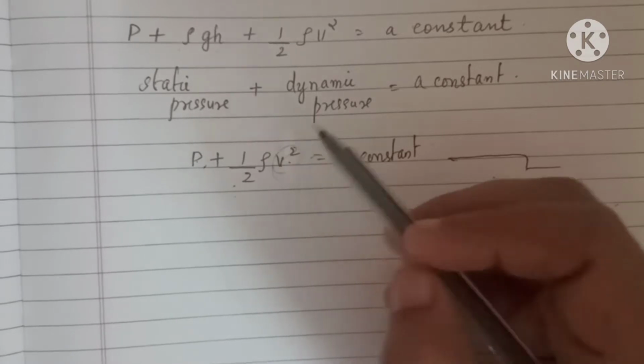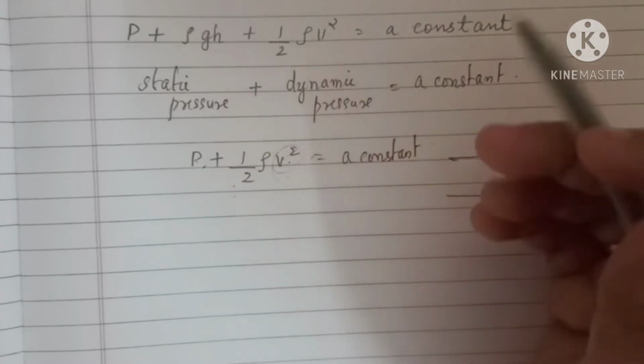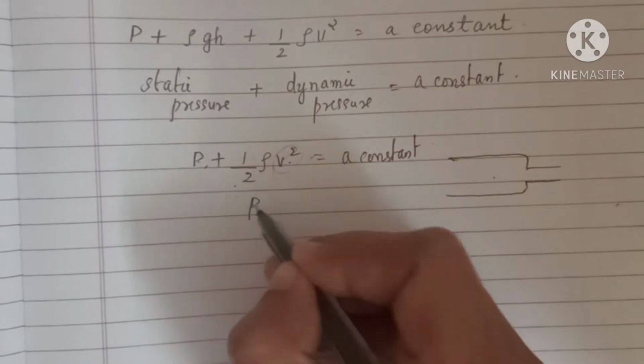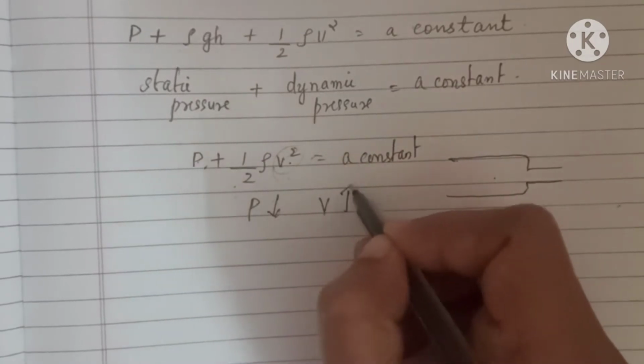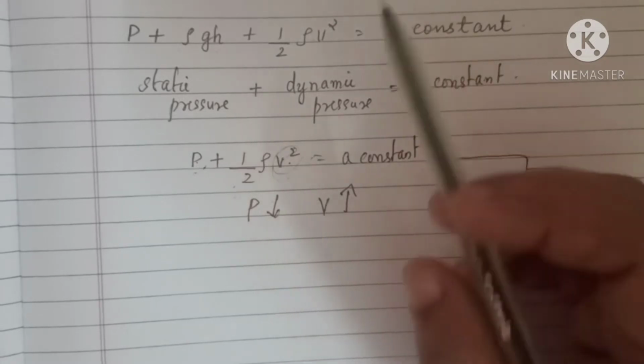Thus, for a streamlined flow of an ideal liquid flowing horizontally, the pressure decreases where velocity increases and vice versa. Only then will this equation remain a constant, because it should obey Bernoulli's principle.